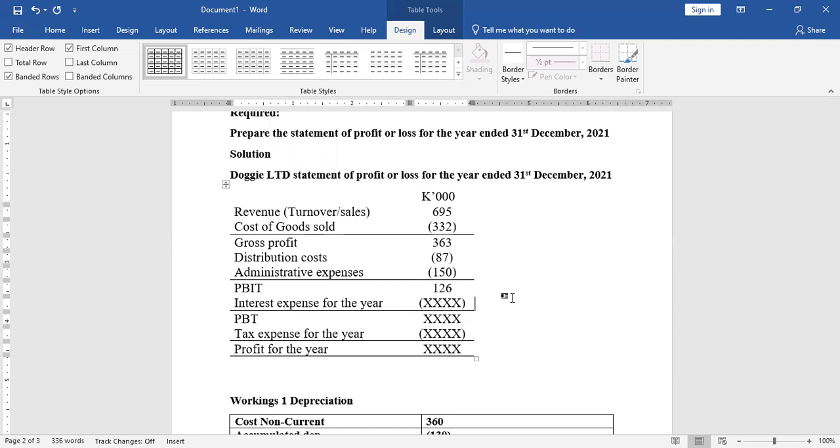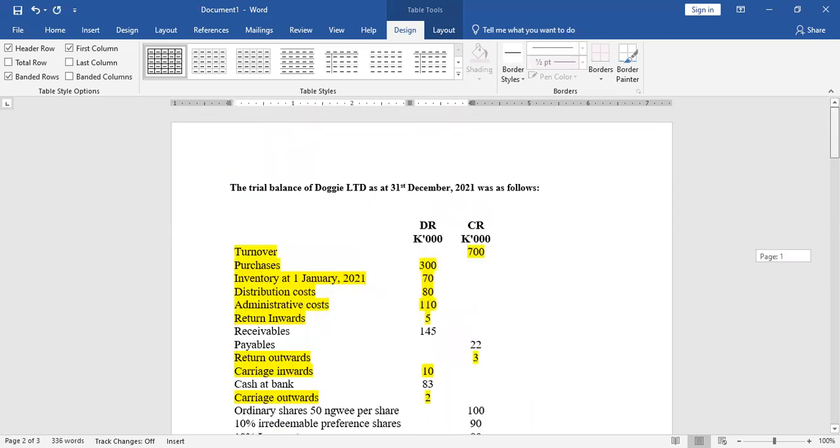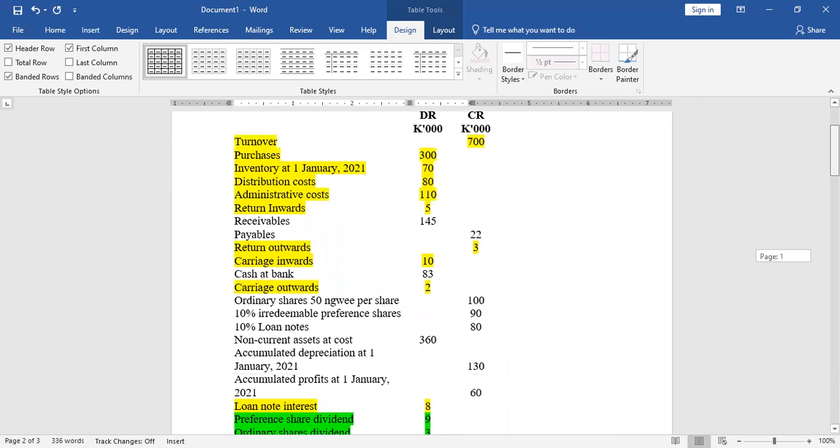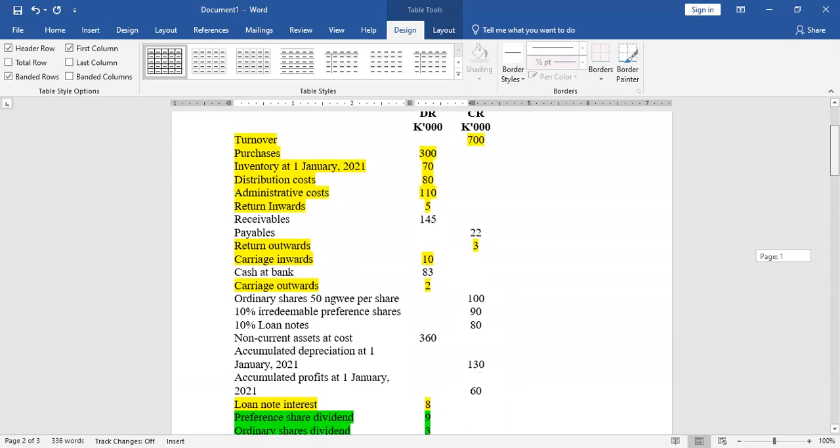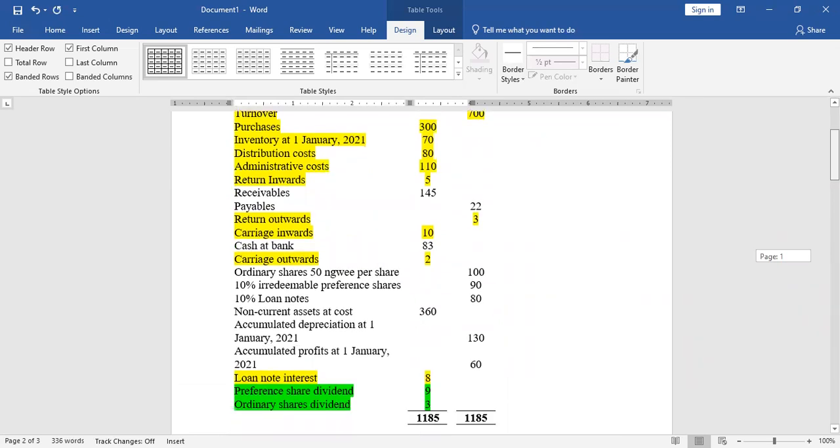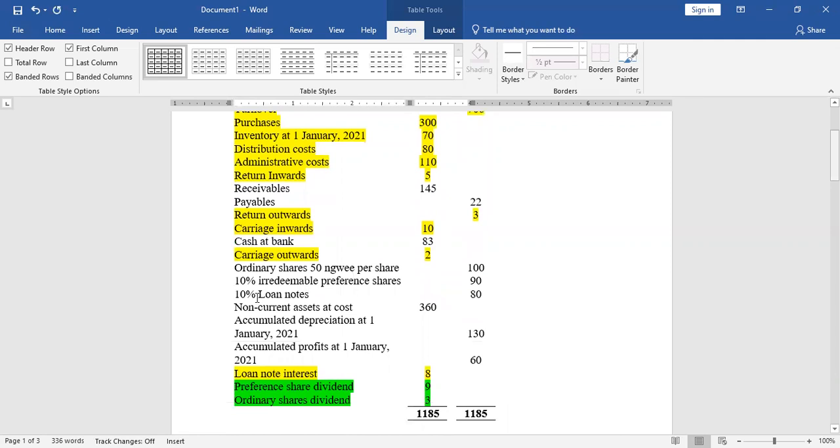Interest expense for the year: I need to check the loan, because interest is charged on the loan, and see the percentage on that particular loan. There is a loan in the trial balance, 10% loan notes here.